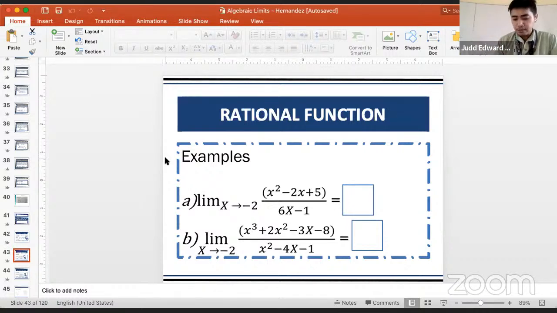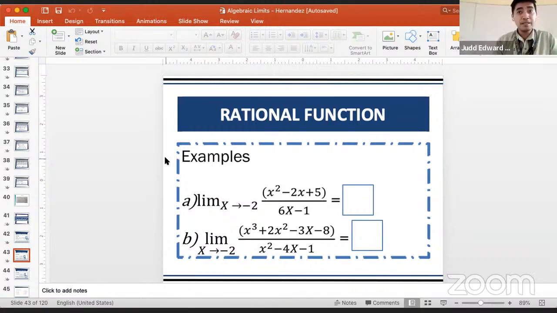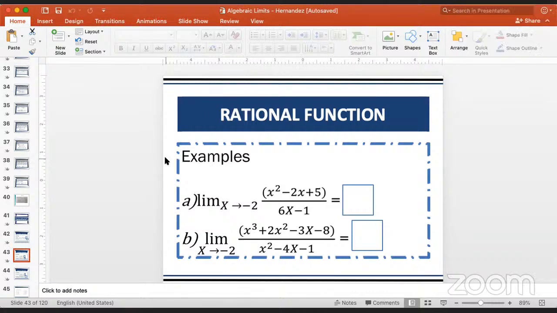So ano na po yung denominator natin dyan? So if we will be writing down negative 2 or substituting negative 2, therefore it becomes what? 5 po. 5 ba yung magiging answer sa baba? Anyone po? Sir, 11 po.